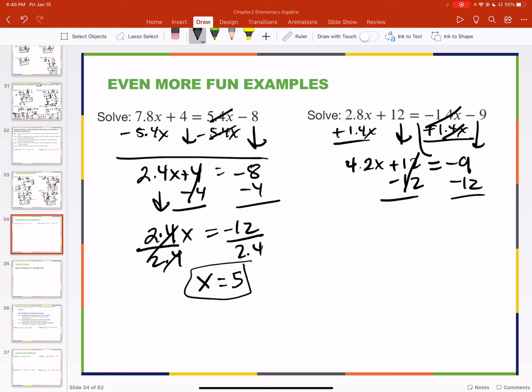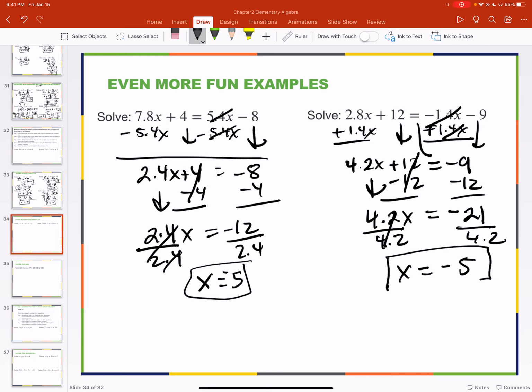Okay, that's going to cancel out on the left-hand side, bring this down. 4.2x is going to equal negative 21. So then I divide both sides by the coefficient of x, which is 4.2. So you see, then you get negative 21 divided by 4.2, and that's going to give you 5 also, but it's going to be negative 5. Oh, this was also negative 5. Sorry about that. So there you go.